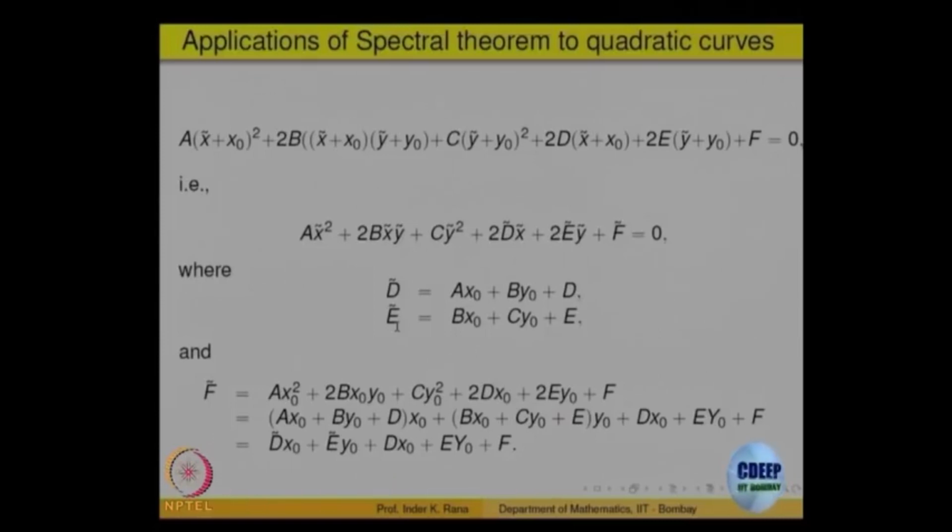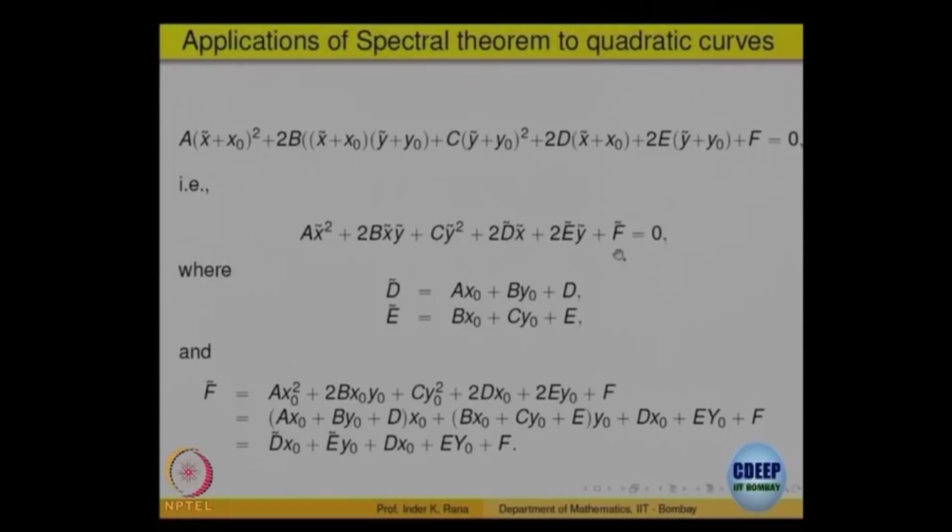So, let us see what conditions that puts on x 0 and y 0. Compute all these three quantities in terms of x 0 and y 0 and the original D, E, F. Those are already given to us, the equation A, B, C, D, E, F all are given to us. Our aim is to find x 0, y 0 such that those terms vanish.